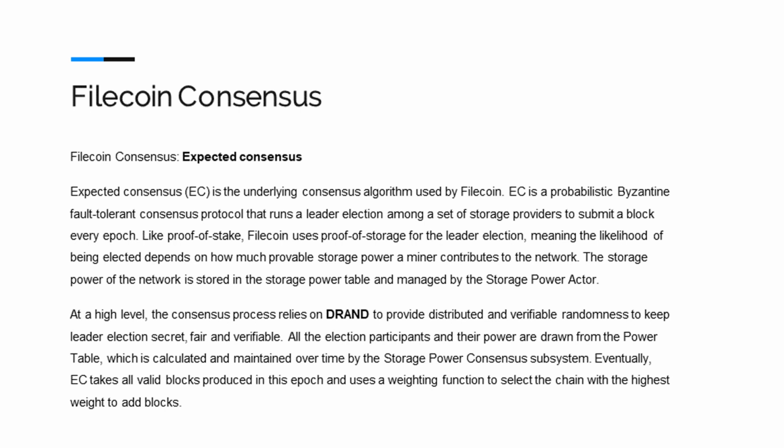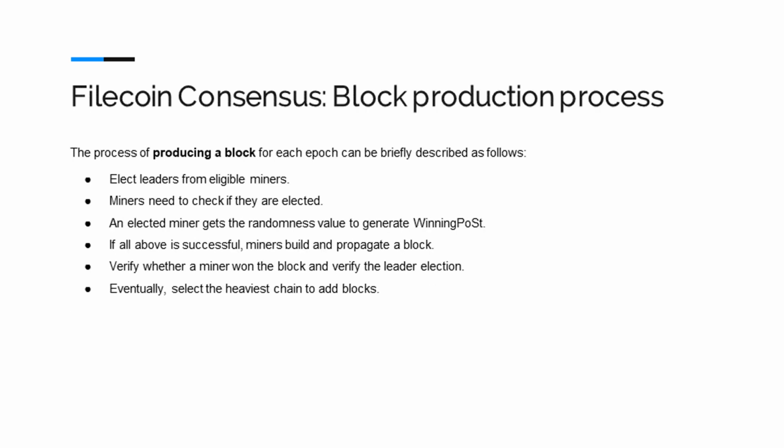Eventually, EC takes all valid blocks produced in this epoch and uses a weighting function to elect the chain with the highest weight to add blocks. The process of producing a block for each epoch can be briefly described as follows. Elect leaders from eligible miners. Miners need to check if they are elected.